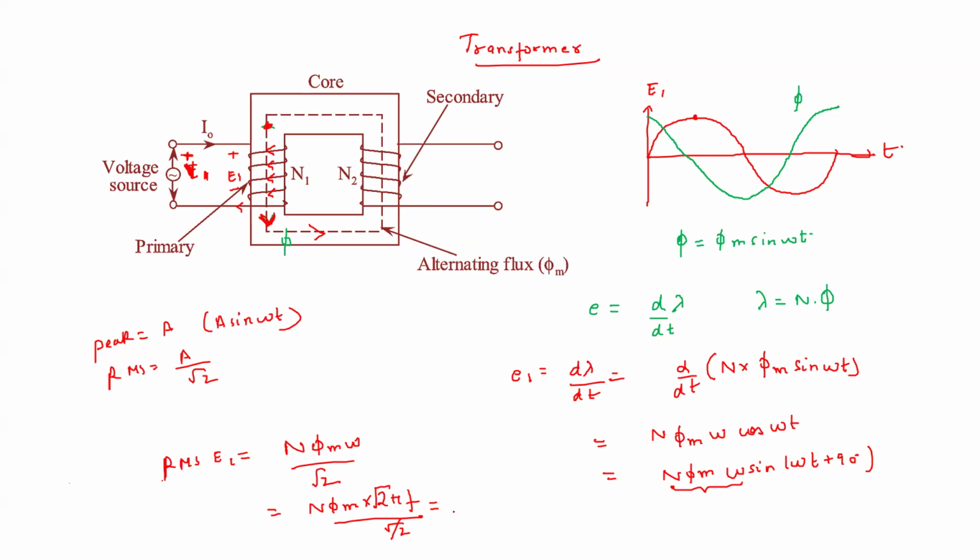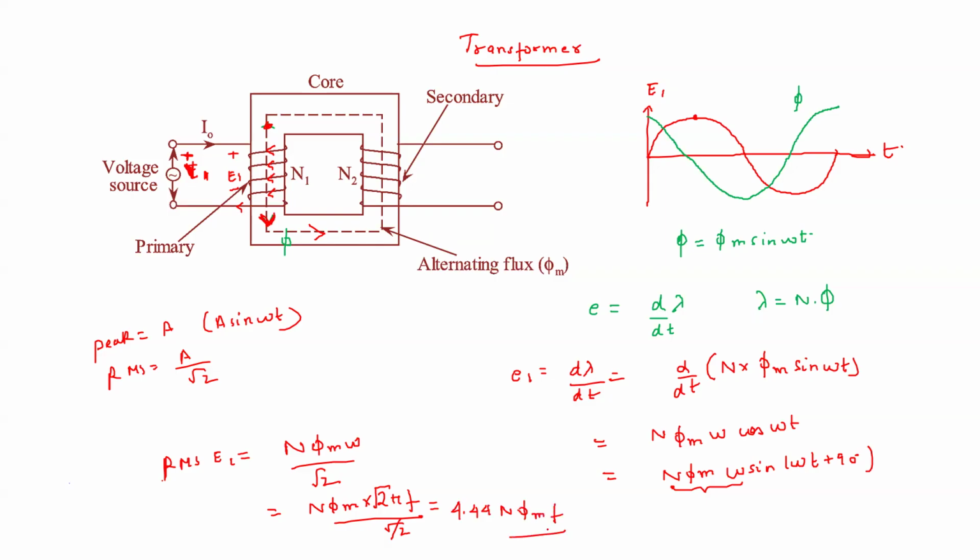If you do root 2 into pi, you will see that it comes out to be the 4.44 factor. You would have seen this 4.44 factor in your classes earlier. So this is 4.44 n phi m f.